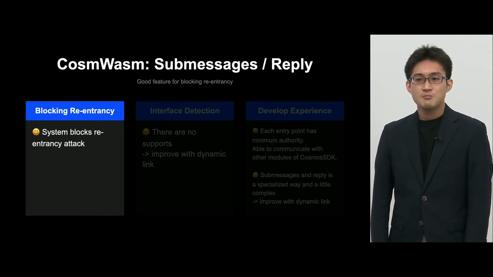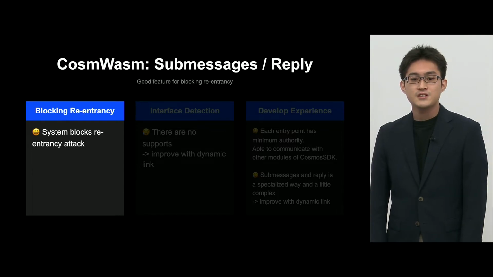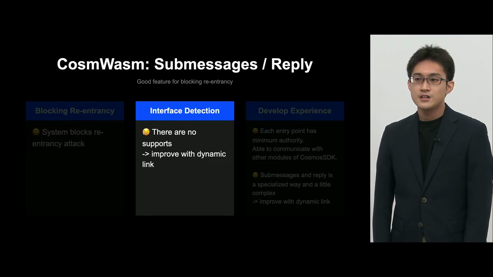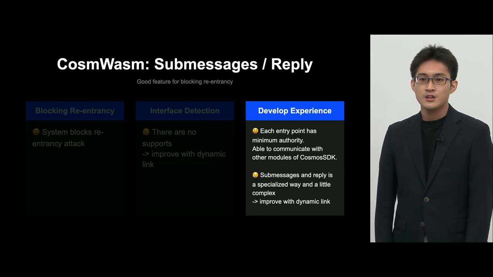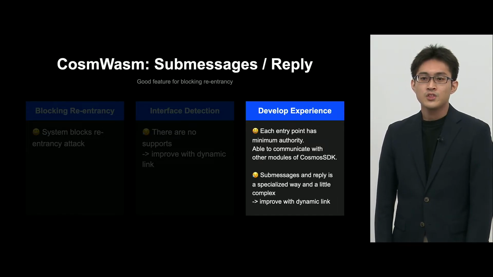Next on CosmWasm. First of all, reentrancy is prevented by the chain itself, so there is no reentrancy attack, and this is a good feature. Next is interface detection. Currently it is not supported. Finally, about the development, there are good things and bad things.